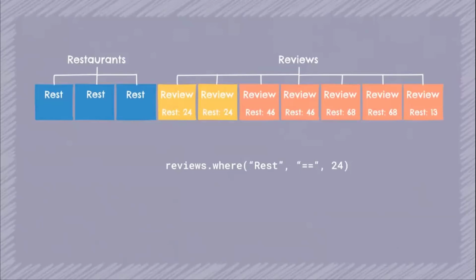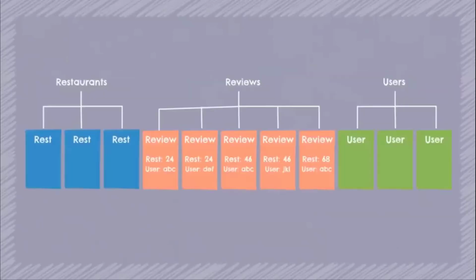What you do for that is that you could, for example, give a restaurant and user key for each review. And so you'd first query the restaurants for the specific restaurant that you want. So you'd have that value, the name of the restaurant. And then you'd have to query the reviews again for all the reviews that have as a key that restaurant's name or ID in this case.